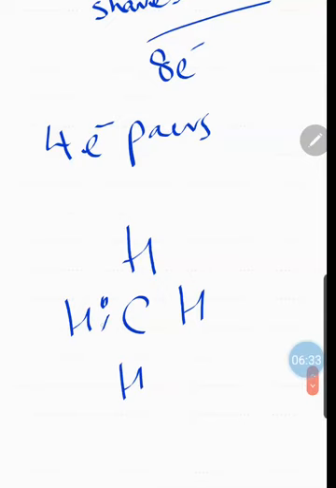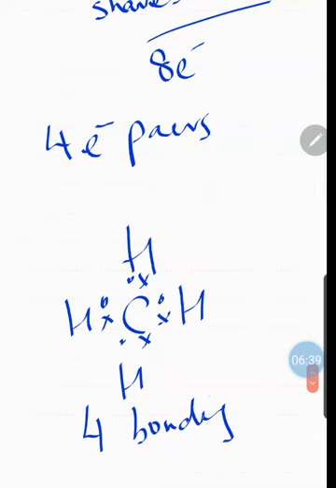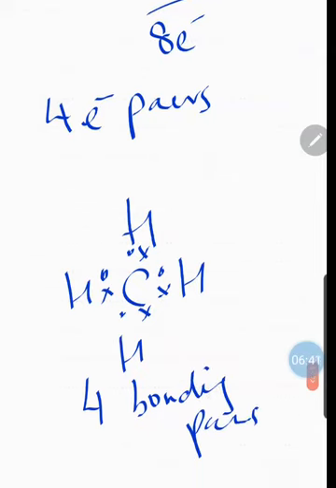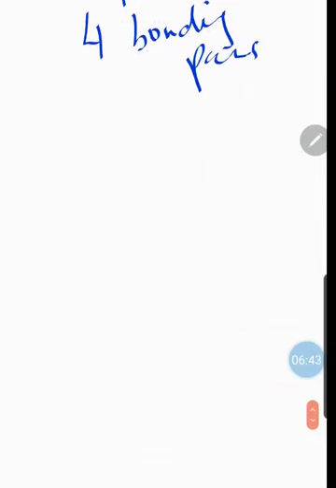Now let's decide, are they bonding pairs or lone pairs? Well, if you go back to the dot and cross diagram, you know there are no spare electrons. So this is 4 bonding pairs. This bit you have to learn. 4 bonding pairs means it's tetrahedral. You must draw the shape in 3D.